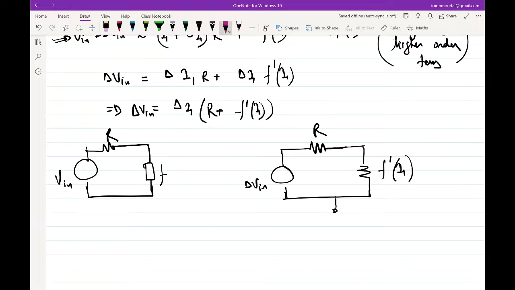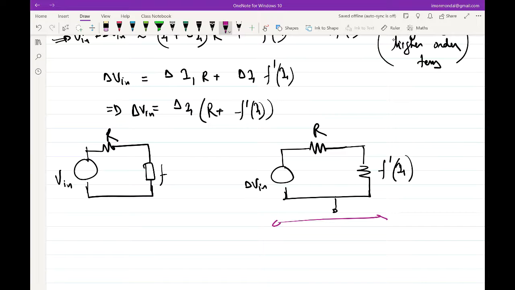Now, why is this profound? This is profound because this network I can solve without any problems. We are used to solving linear equations, and if there are frequency dependent components, we know how to use Fourier transform and Laplace transform. All the signal processing that we have done or will do in the future will almost always consist of linear analysis.